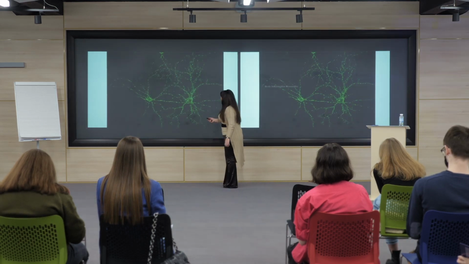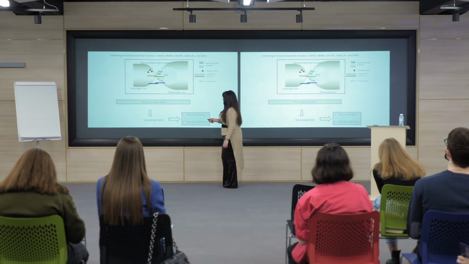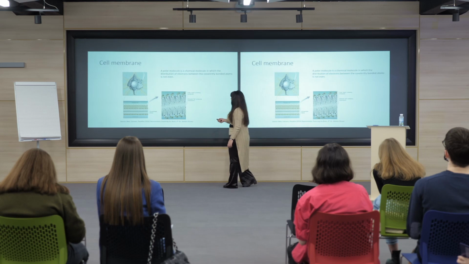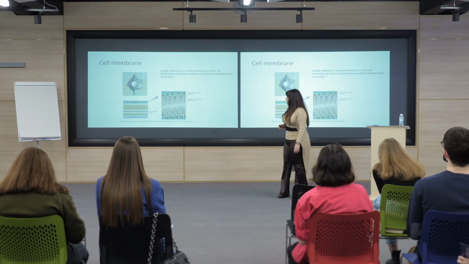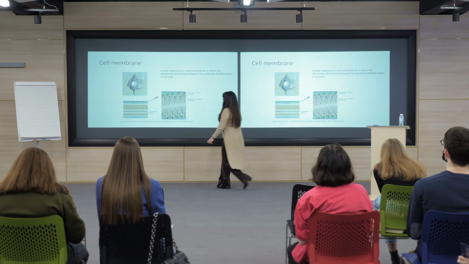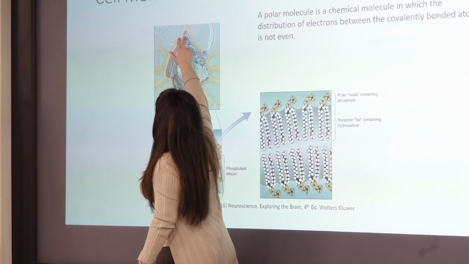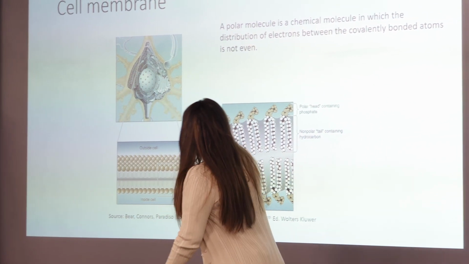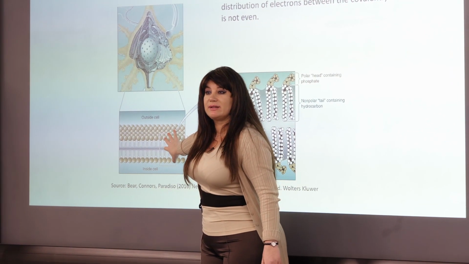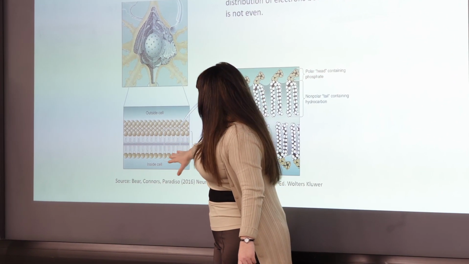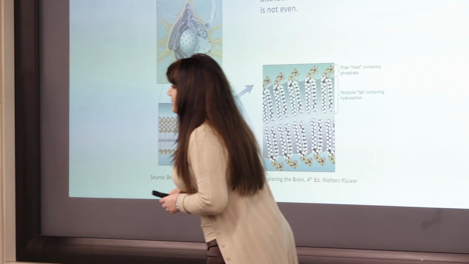But I want to now show you especially the structure of the cell membrane. So this is the soma here, the soma. And if you take a section from the soma, you see here the structure of the cell membrane. And the cell membrane is made up of a structure called lipid bilayer.